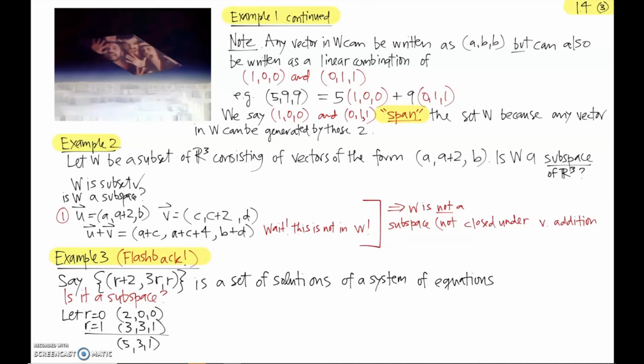Does this follow the pattern of the original solution set? If it does, the third element is r, so that would be 1, and the first element needs to be 2 more than that. So that first element would have to be 3. This is not in the solution set.